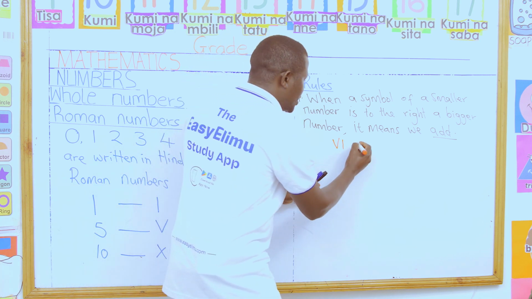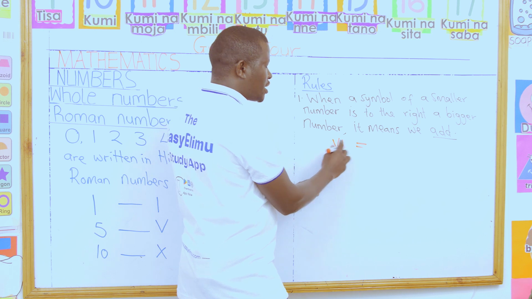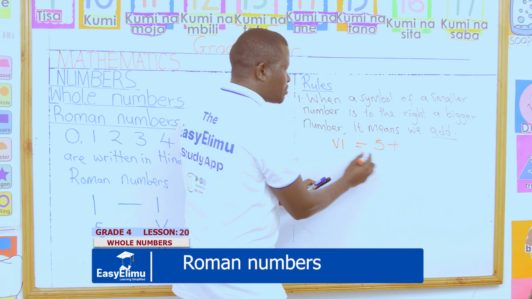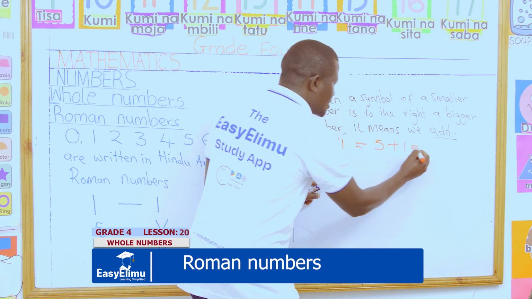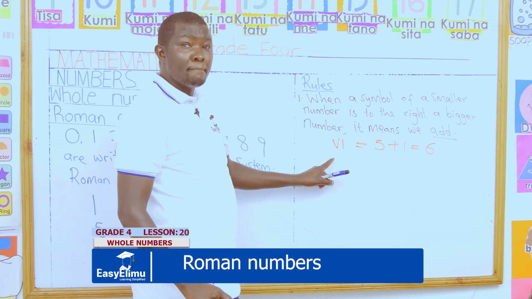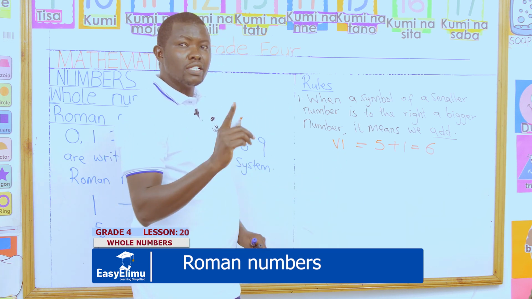It means what? We have been told it means we add. So, V represents number 5 plus this one represents number 1. So, the answer now, which is written here, is number 6. That is rule number 1: a smaller number to the right of a bigger number, it means we add.